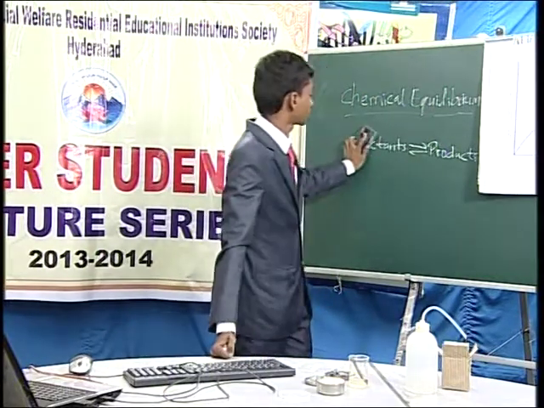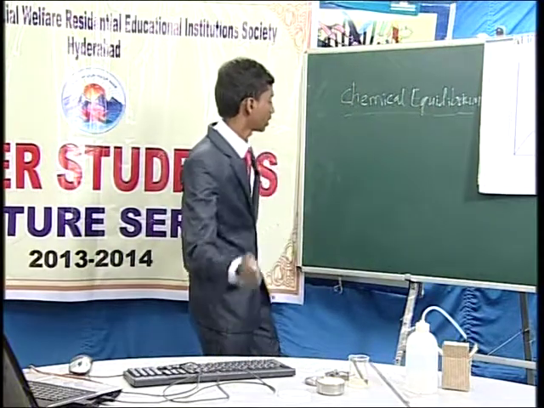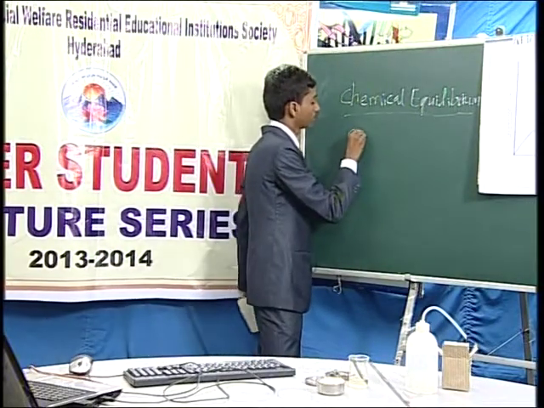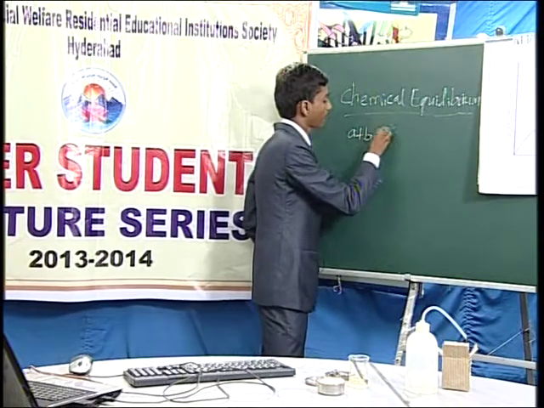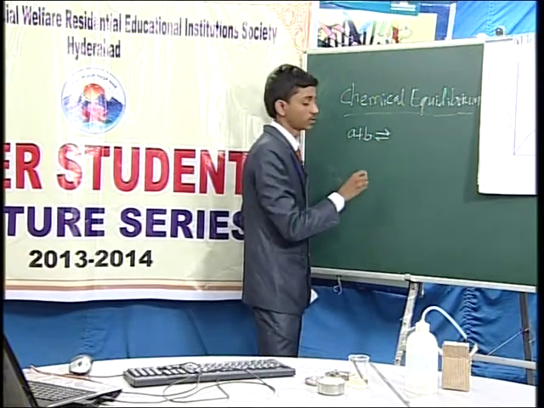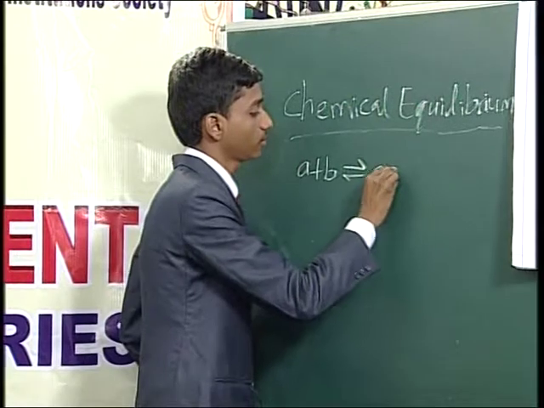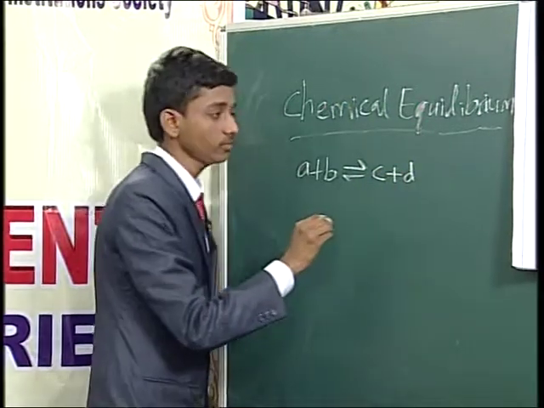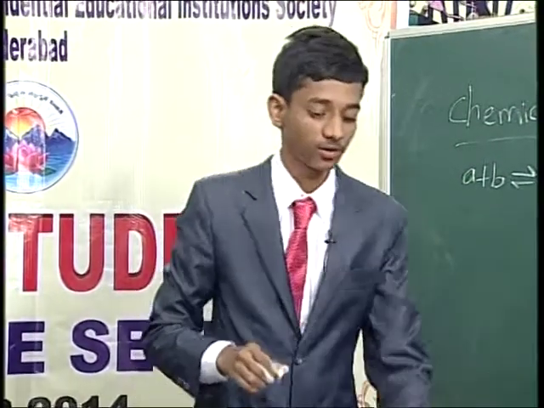This can be easily understood by considering a simple example. Let us take A and B as reactants and C and D as products. Here is the graph.